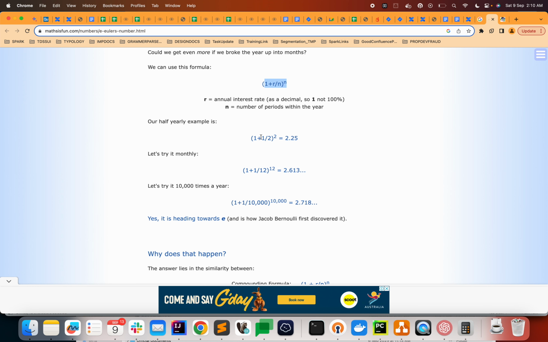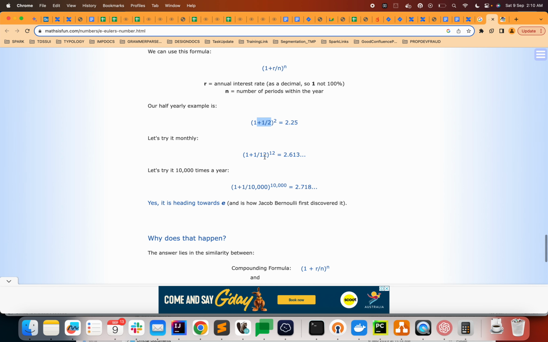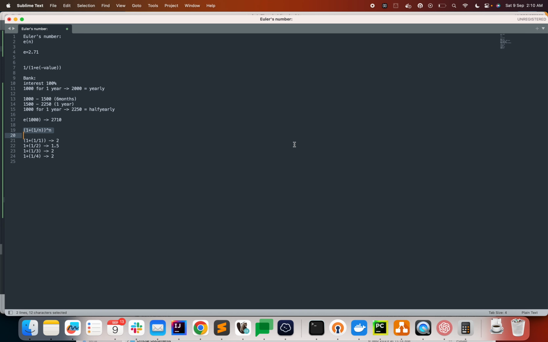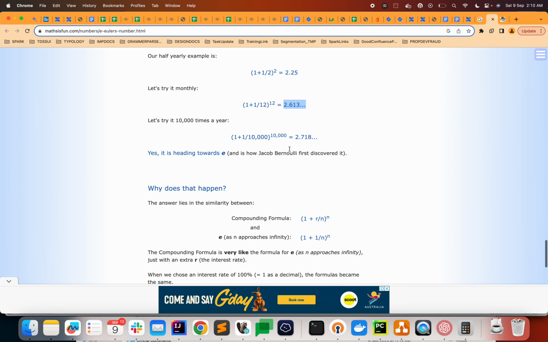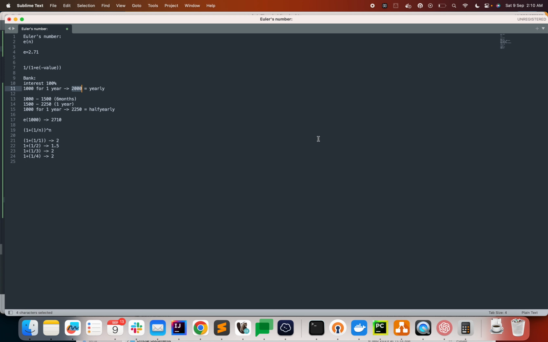So as I said, let's say the interest rate is 1, since it's a decimal it becomes 1. So 1 by 1, this is 2.25 when it is calculated half yearly. When it is calculated monthly, it is 2.61, right? If it is like 10,000 times a year, still it will become only 2.71. 1000 times gives 2.71.